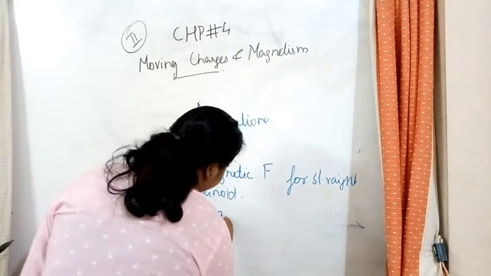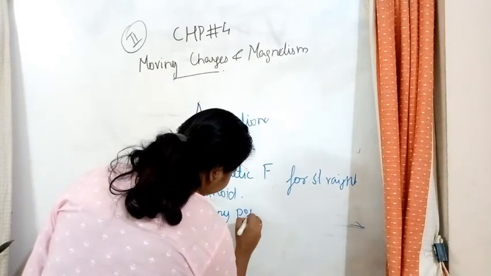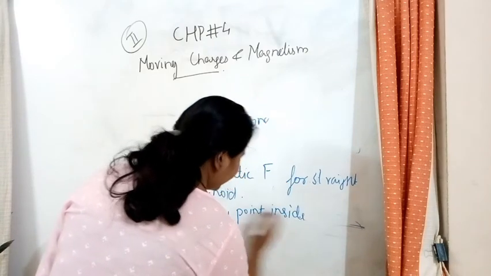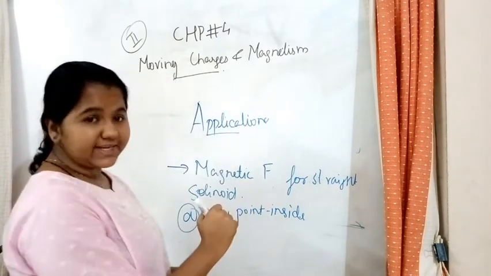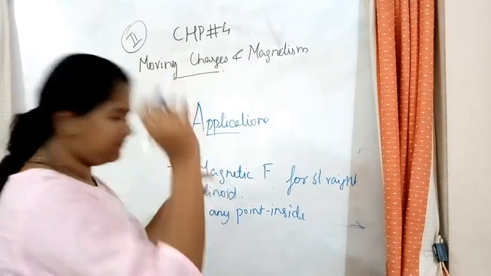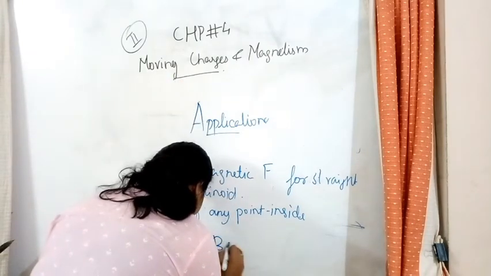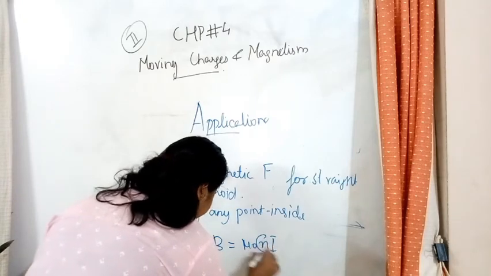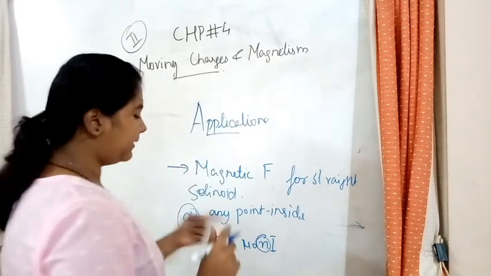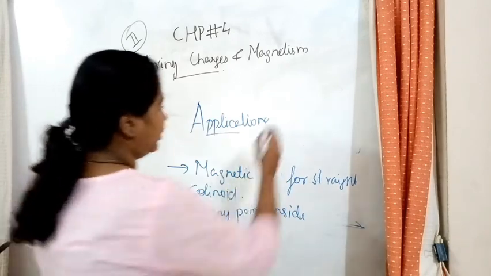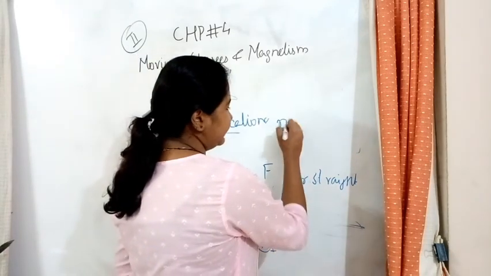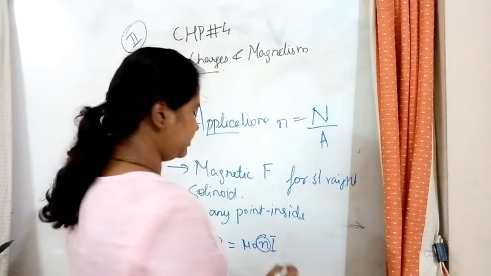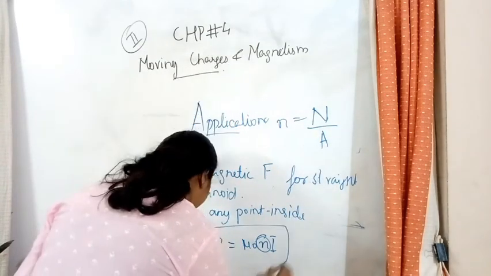We have to find B. So B is equal to mu 0 n I. What is n? The number of turns per unit length, so n is equal to N divided by L. So this is the equation.